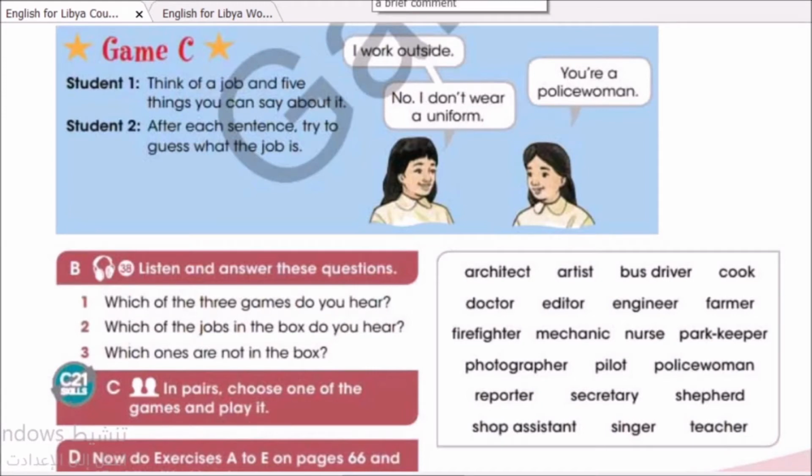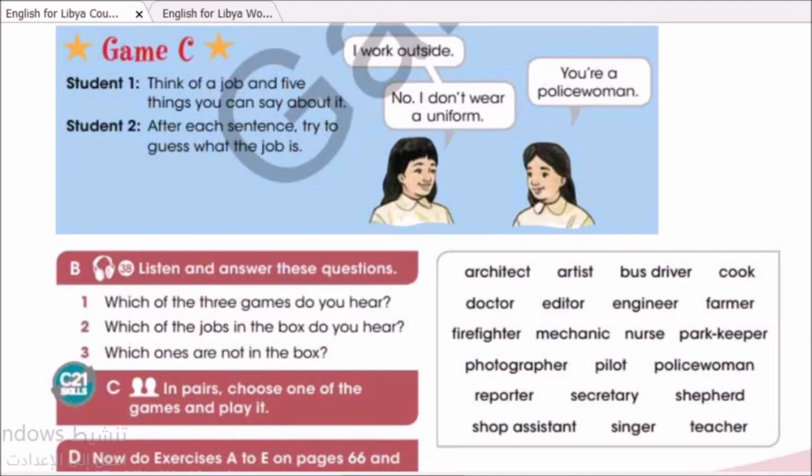What else? What else can you tell me? We heard policewoman. So doctor, policewoman. Yes. Farmer. Very good. Bus driver. What else?